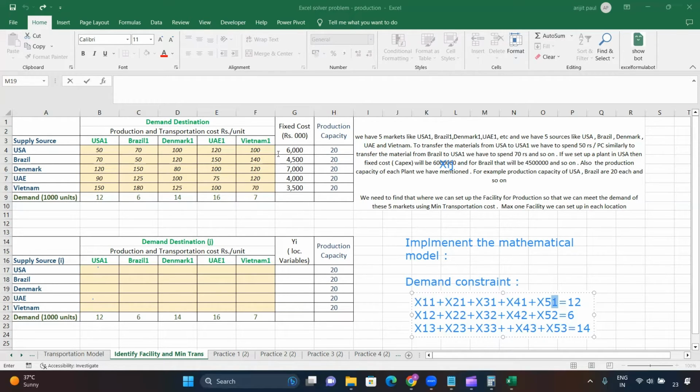So for the demand constraint, the compact model will be a summation. Since our source is changing from 1 to 2 to 3 to 4 to 5, we have 5 sources, so we mention i equals to 1, 2, up to i equals to 5.